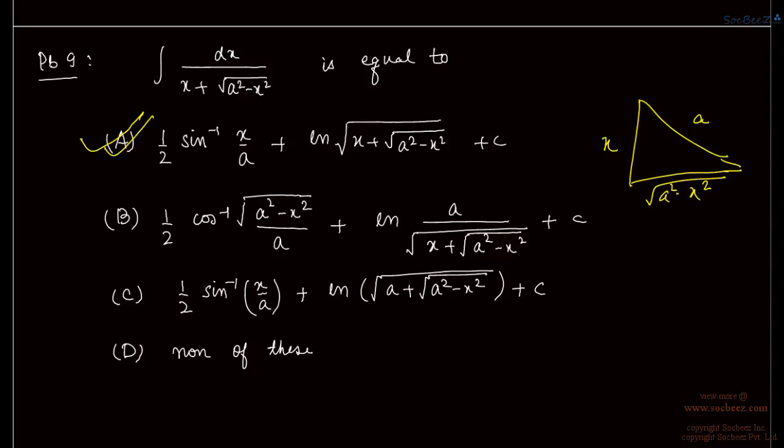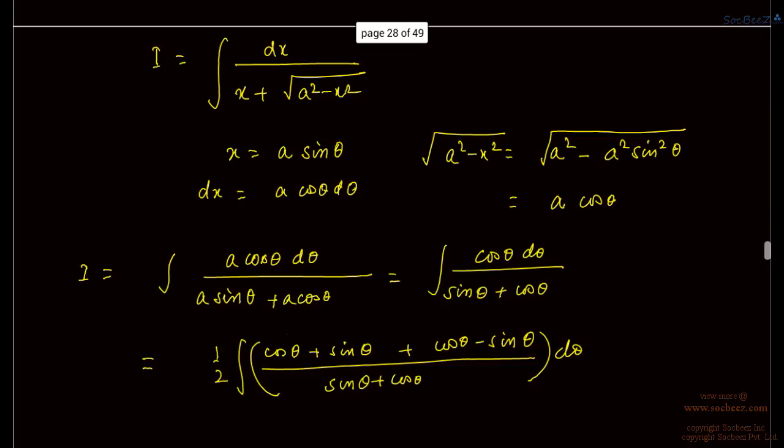So cos theta must be square root of a square minus x square, this upon this. So this is equally good as this, and in place of some constant there is some ln a. So we have option B as also the correct option, because these both are actually the transformed form of each other. So A and B both are correct in this case.